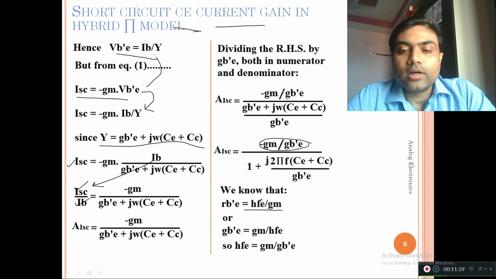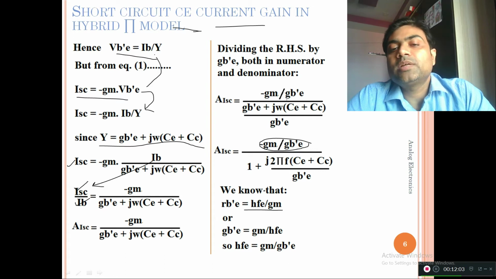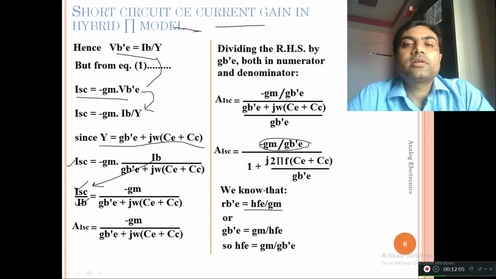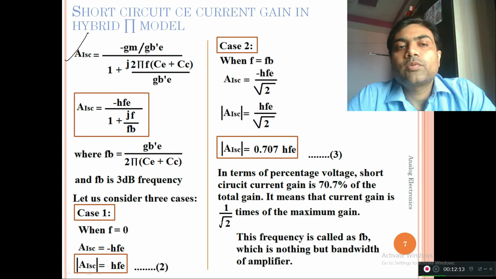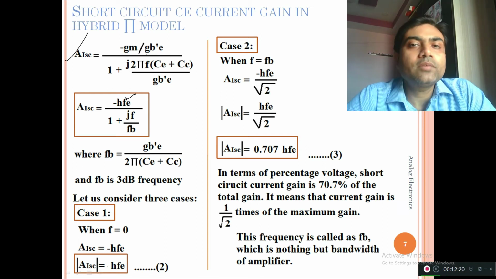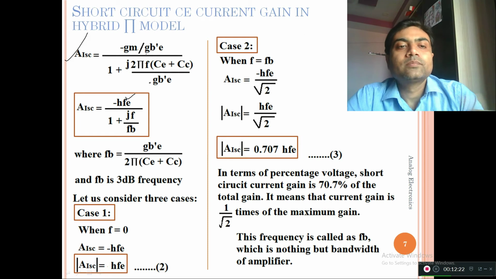These are very simple equations. So minus g_m upon GB'E can be replaced as minus h_FE. That is what we have done here. A_ISC, I have again taken this equation from the last slide, and minus g_m upon GB'E can be written as minus h_FE from the equations of the previous slide.